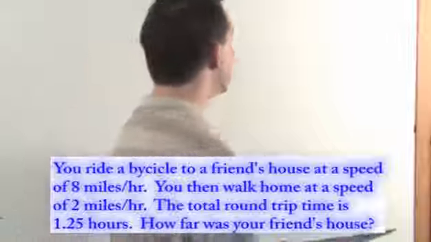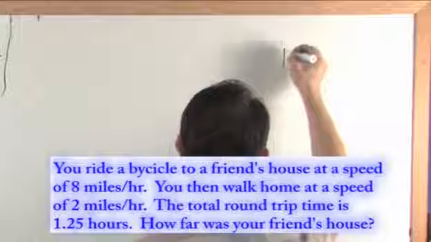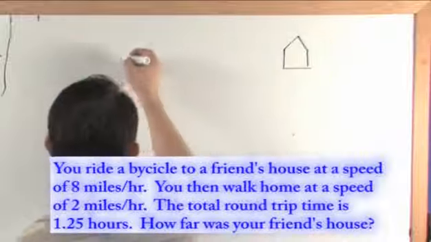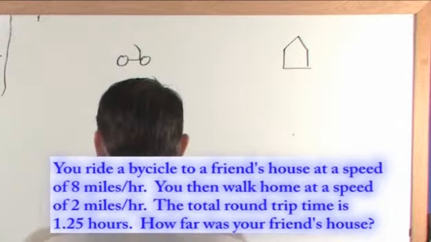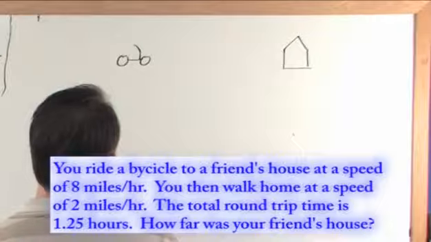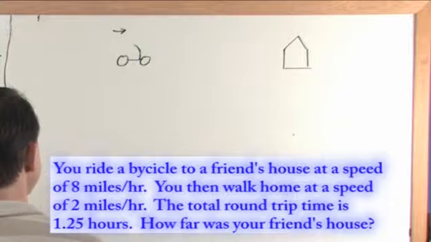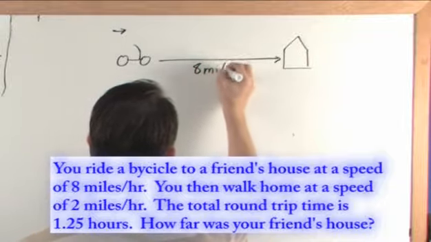Okay, so it's best just to start out by drawing a picture, okay? Here is your friend's house. First thing you do is you get on a bike. I'm a terrible artist. That's a bike. And you're going this way towards your friend's house at 8 miles an hour.